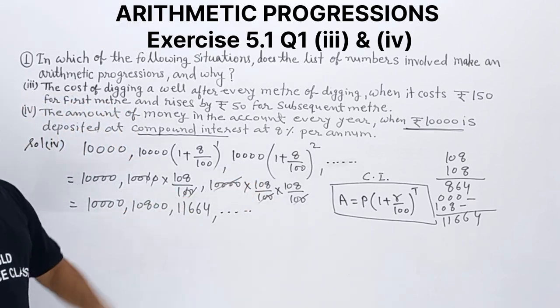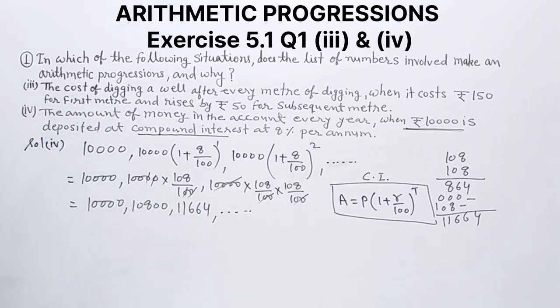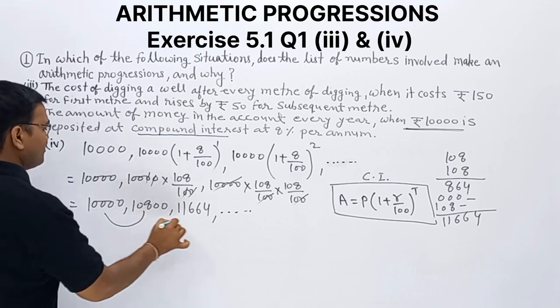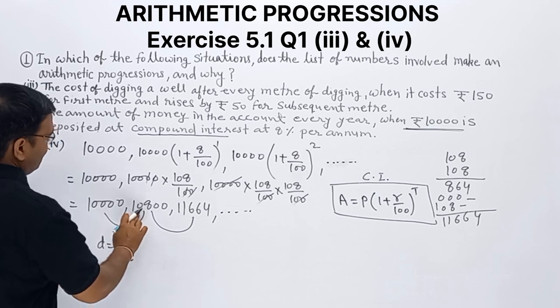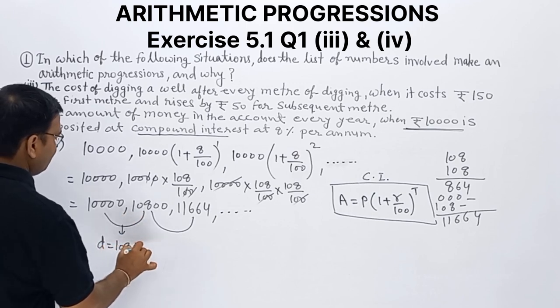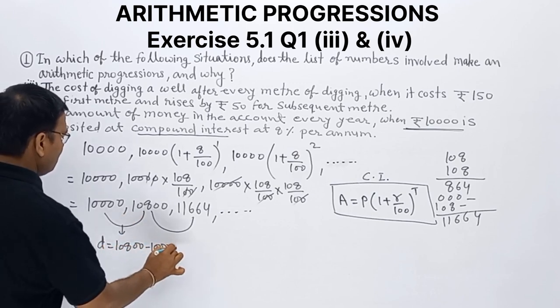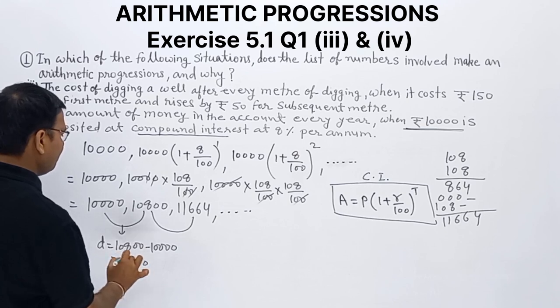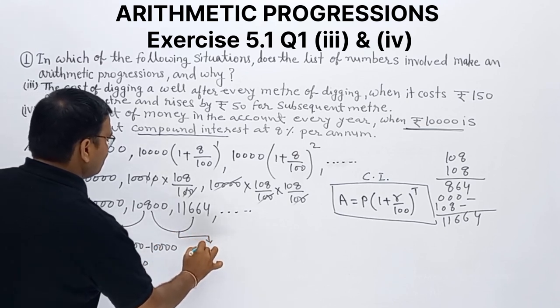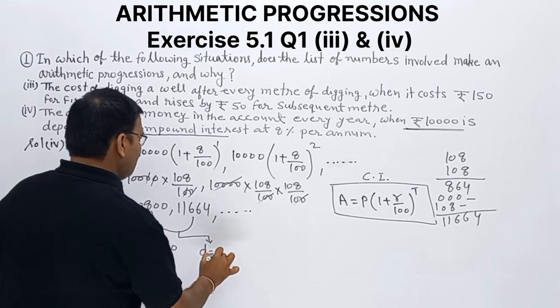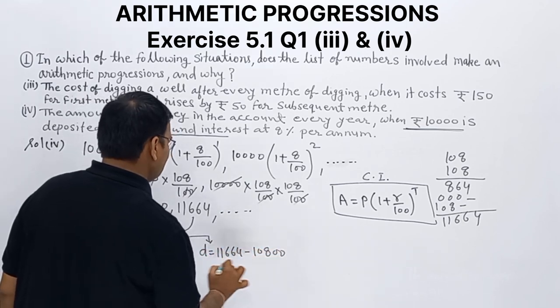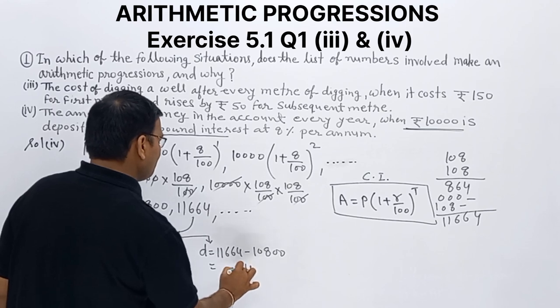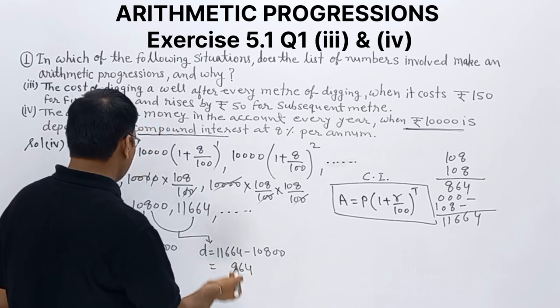Now we have obtained one sequence. Is this an AP or not? We will find the common difference. 10,800 minus 10,000 gives 800. And for the next, 11,664 minus 10,800 gives 864.